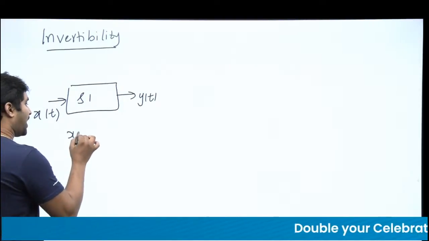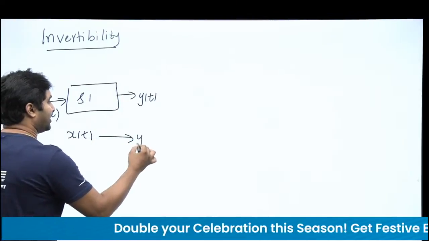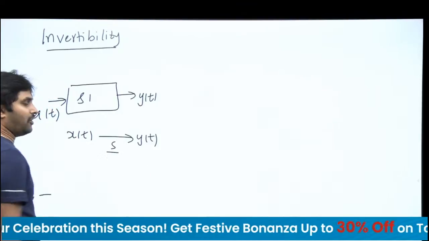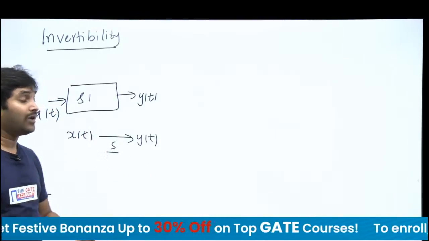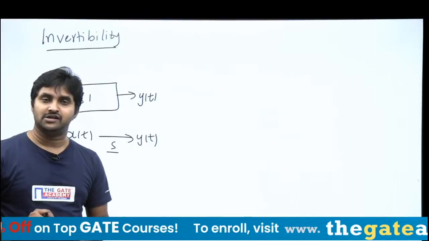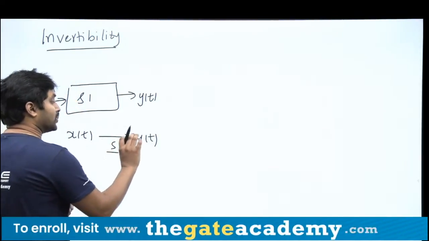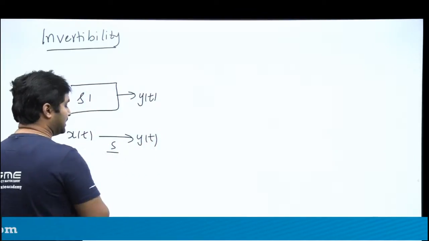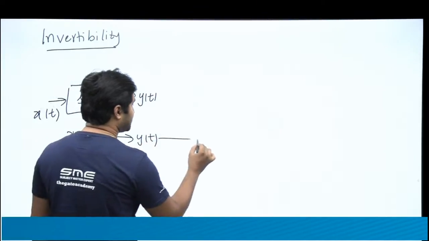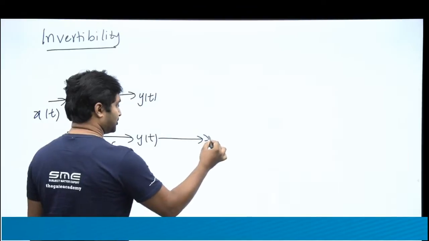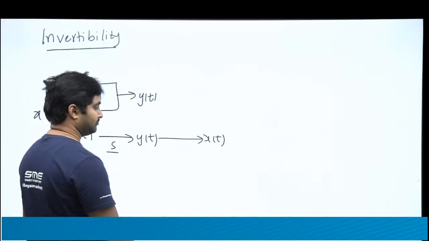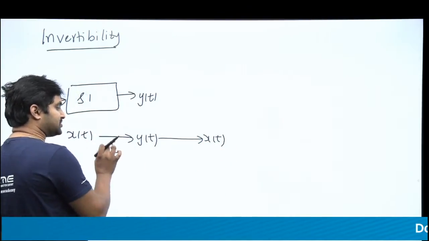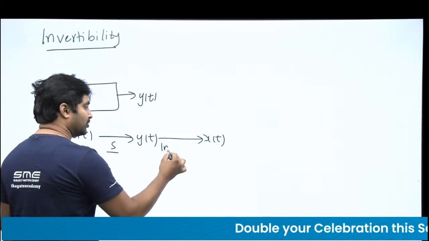It means that you have processed the input to get an output. Now, is it possible that you can transform this output back to an input? It means that whatever operation you performed, you are doing the inverse of it.